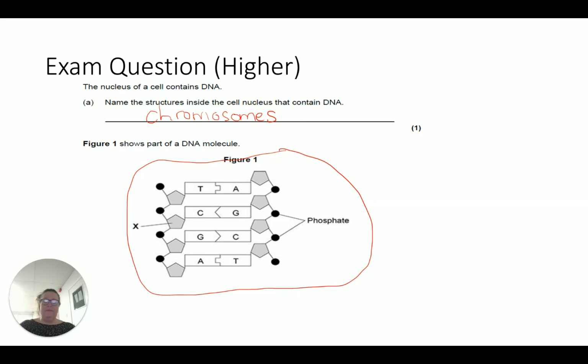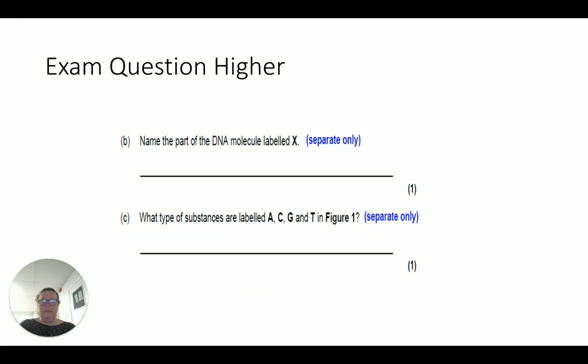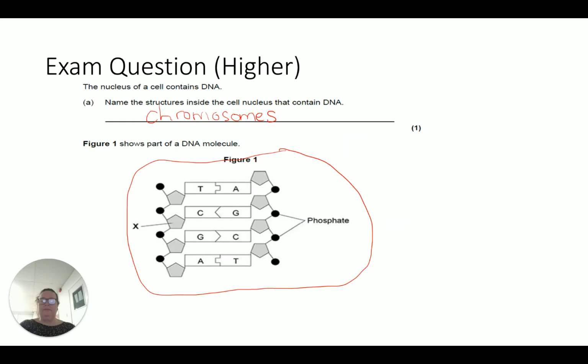Right, next bit of the question, I'll have to flip the slide, so let's go to the next one. Name the part of the DNA molecule labelled X. Right, so where are we? Here, X. Over here, and it is pointing to our little pentagon here. So have a go.